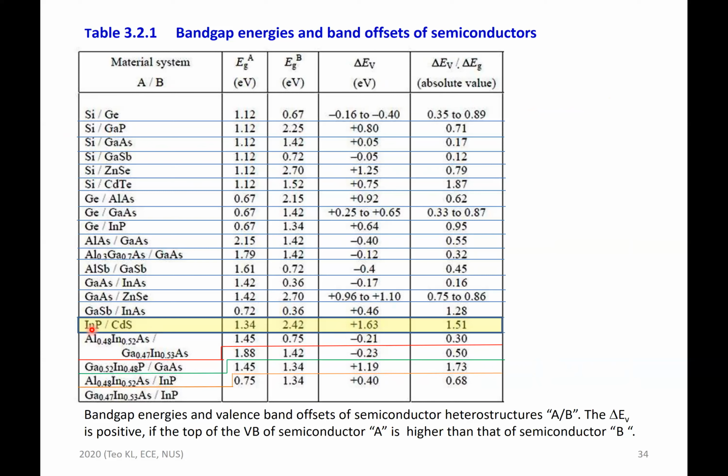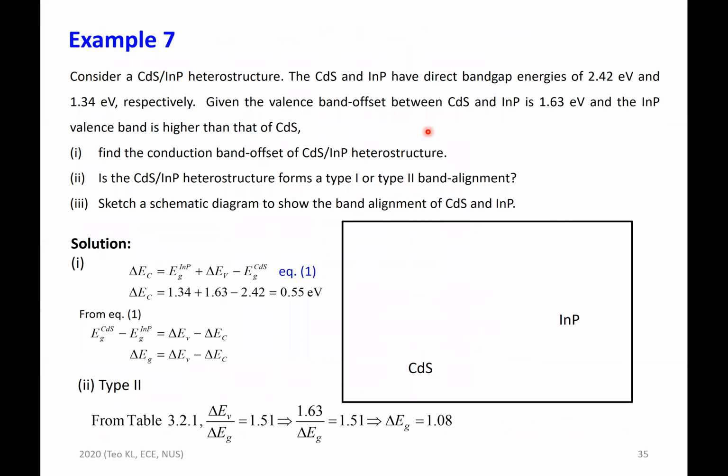Indium phosphide is material A, cadmium sulfide is material B, AB. And then you say that the top of the valence band of semiconductor A, which is indium phosphide, is higher than that of semiconductor B. So the indium phosphide valence band is higher than that of cadmium sulfide.